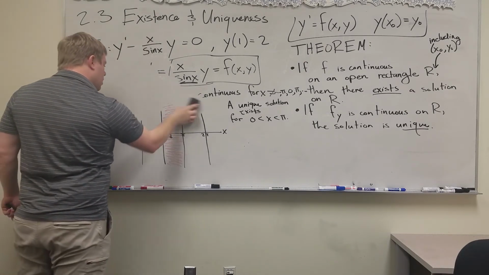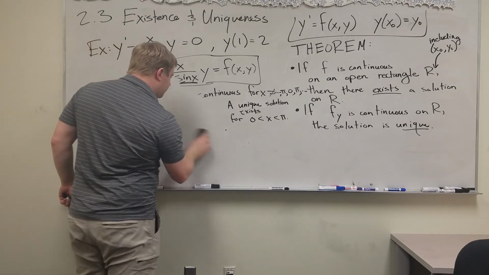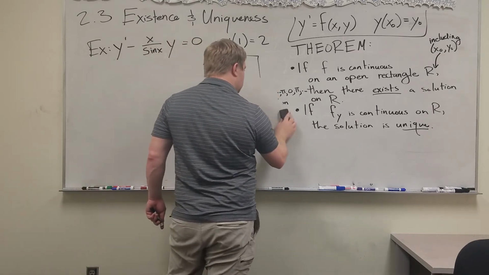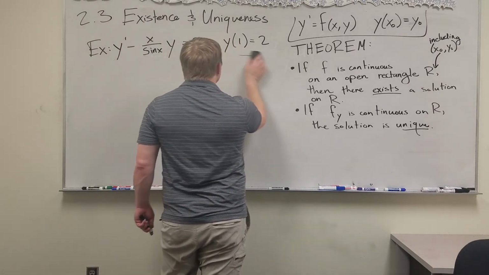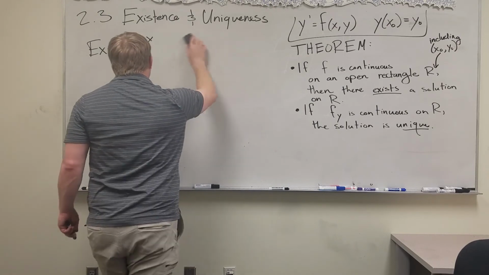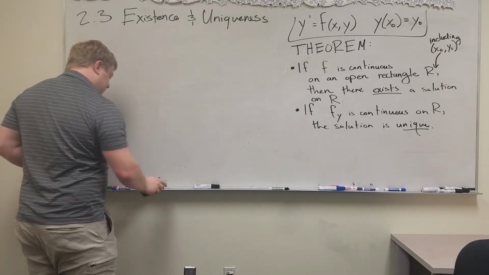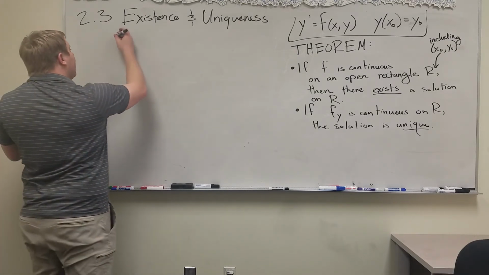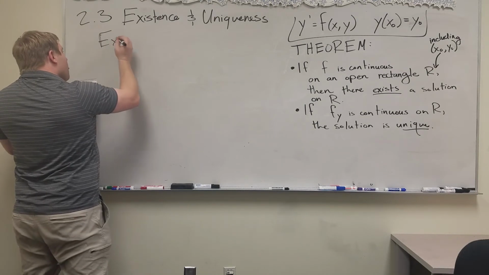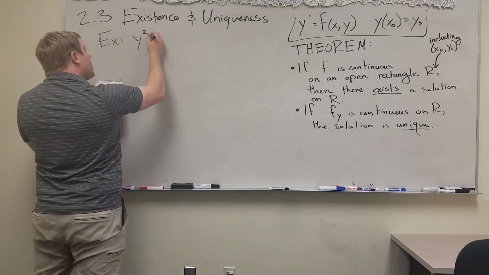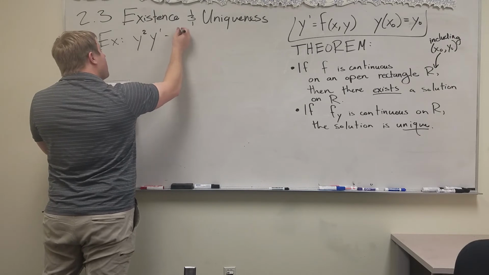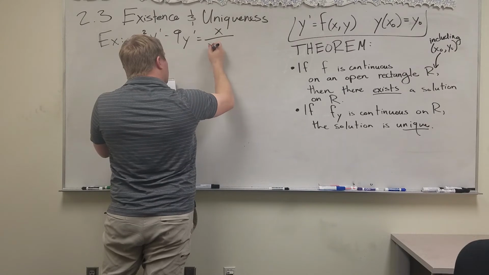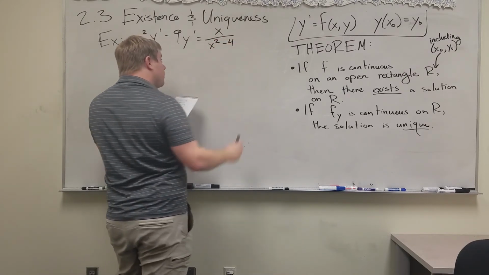Let's see what happens when I take a nonlinear differential equation. So let's say I had y squared y prime minus 9y prime equals x over x squared minus 4.